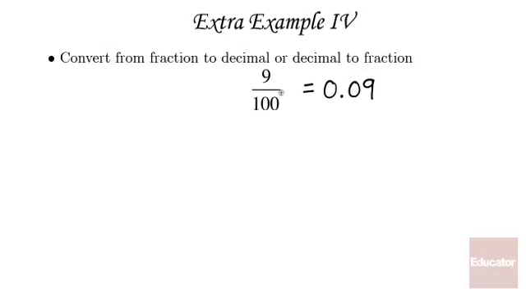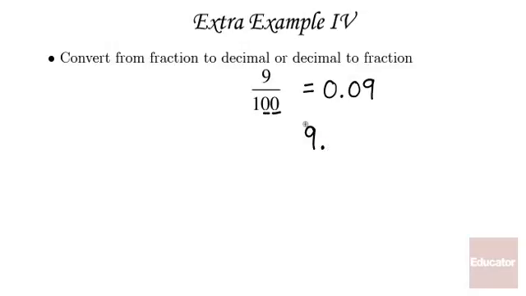So whenever my denominator is 10 or 100 or 1,000, any number that's a multiple of 10, all I'm going to do is take that top number, let's write that out, the top number is 9, and I'm going to count how many zeros I have here. So I have 1, I have 2 zeros, right? Since I have 2 zeros, I'm going to take that number 2 and I'm going to place this decimal point right there.